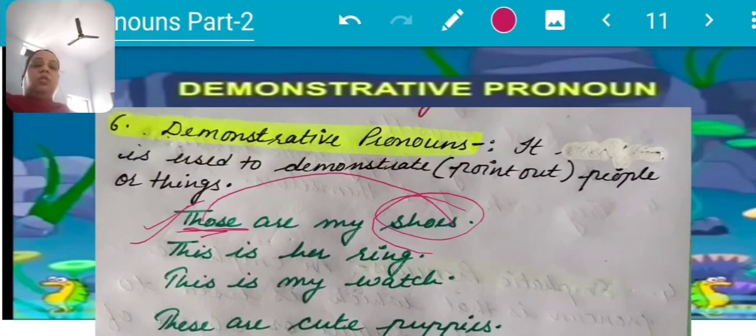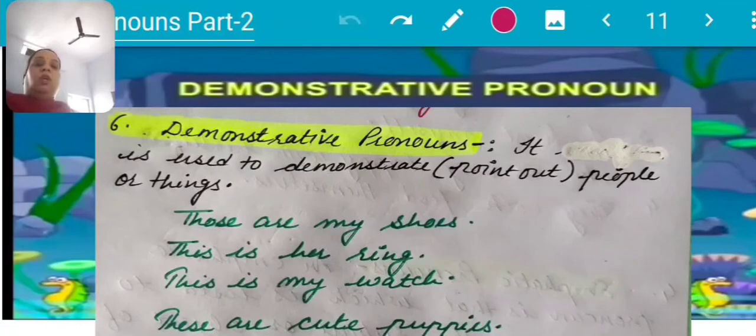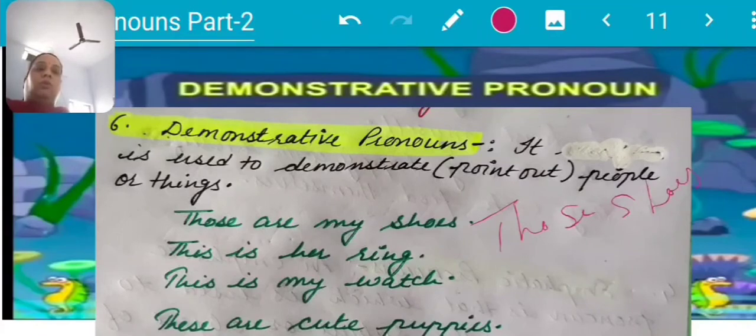Once again I will tell you one thing: don't get confused between demonstrative pronouns and demonstrative adjectives. If it were an adjective here, the sentence would be "Those shoes are mine." Then what do we require after those?